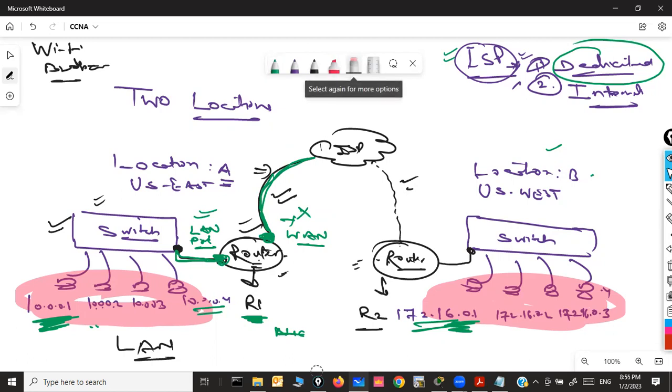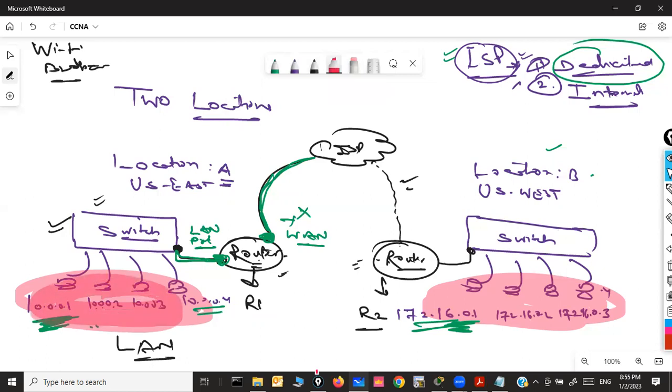Now, this LAN port, the internal port, should have an IP address assigned from the same network, right? Same network here. Like the first machine has 10.0.0.1, the second one is 10.0.0.2, third one 10.0.0.3, 10.0.0.4.